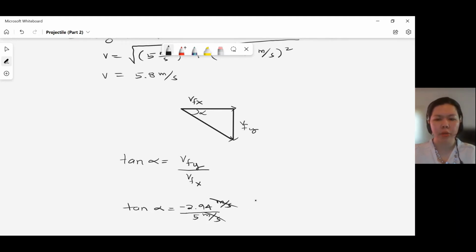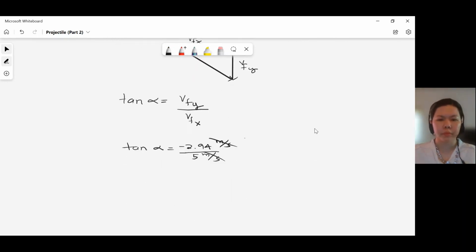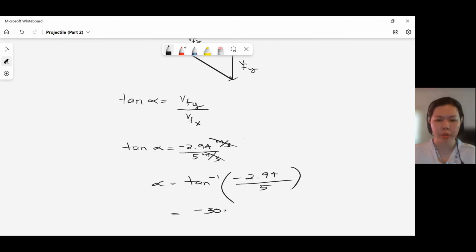Okay, so arc tangent. Execute your calculator, shift tangent of negative 2.94 over 5. You should get an answer of negative 30.46 degrees.